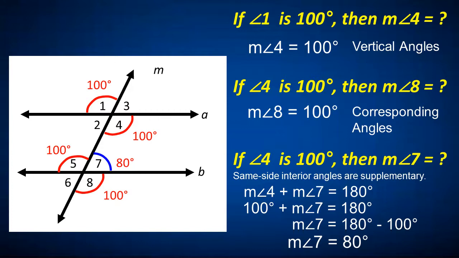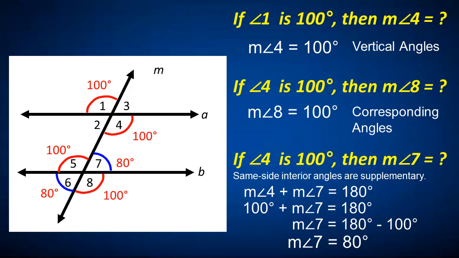So, if angle 7 is 80 degrees, then what is the measure of angle 6? Again, first identify their relationship. Angle 7 and angle 6 are a pair of vertical angles, and vertical angles are congruent. Therefore, if 7 is 80, 6 is also 80 degrees.